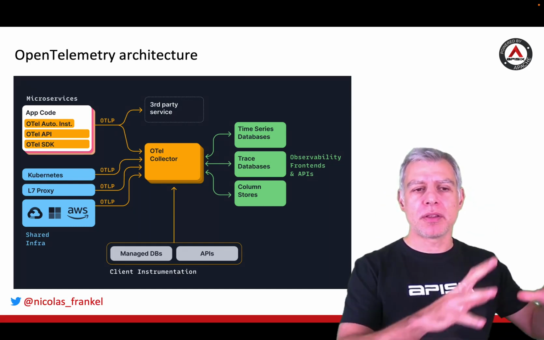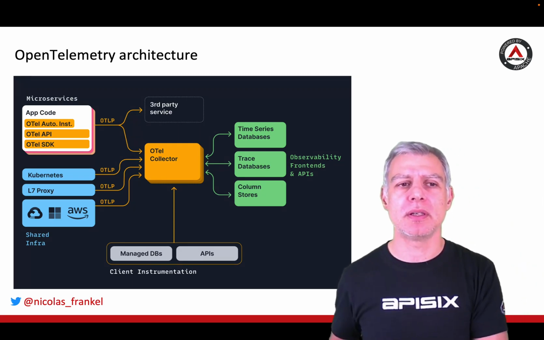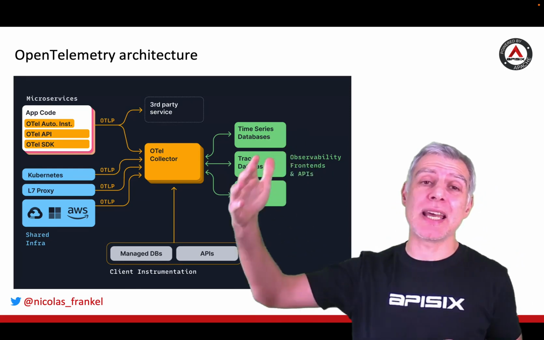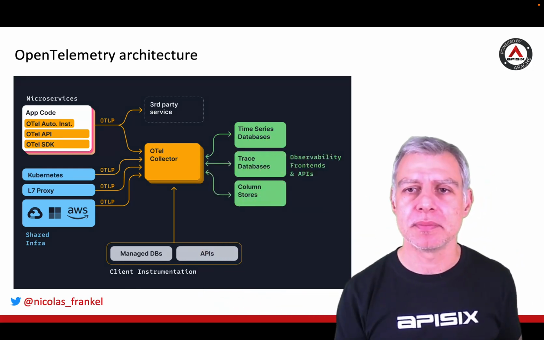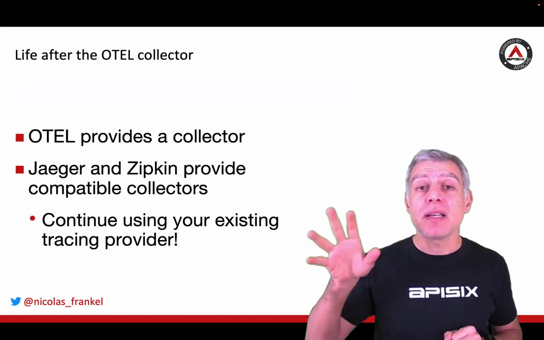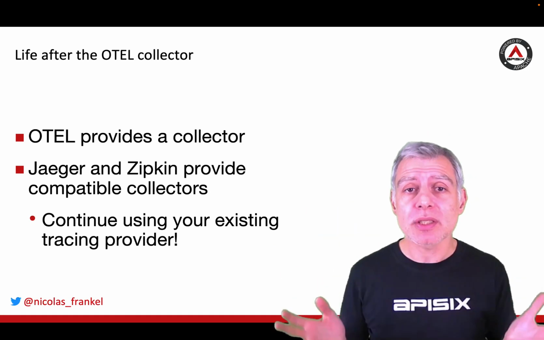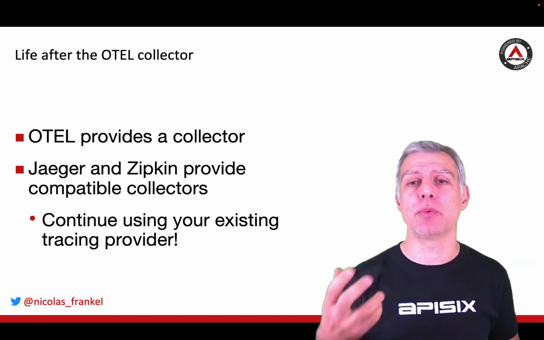So the idea is, on the client side, you've got stuff that dumps data into the OpenTelemetry collector, and then you've got something that is able to search and display data from the collector. The OpenTelemetry collector in itself doesn't provide anything. It's just storage in a certain format. So we need something afterwards.